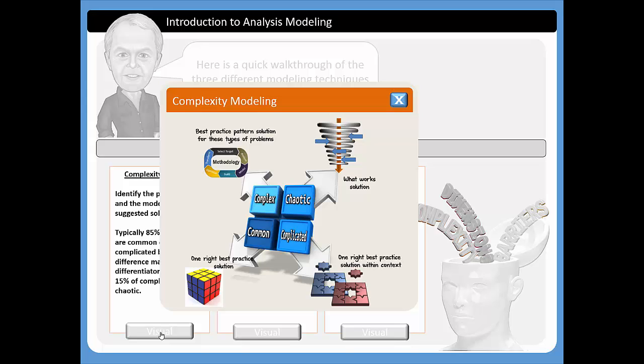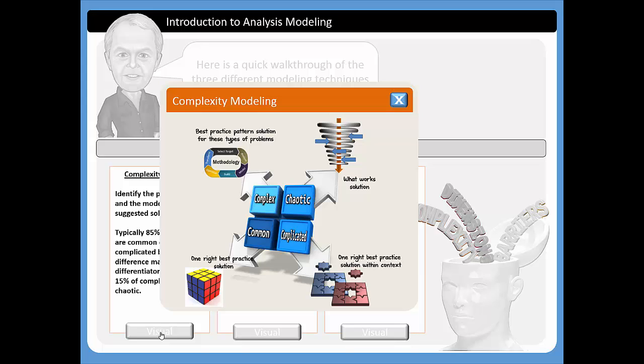However, with the chaotic, it's even different. The chaotic is just what works. You may solve a chaotic problem one time, and then the problem changes so radically that you may have to try a different solution again. The advantage, if you identify that a problem is chaotic and say the solution you're going to do is a what-works solution, is that you don't institutionalize that solution.